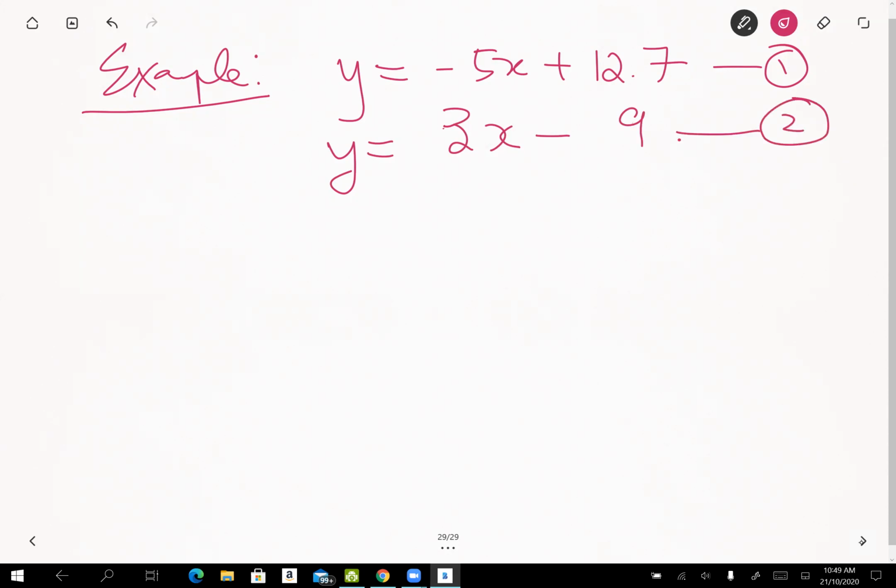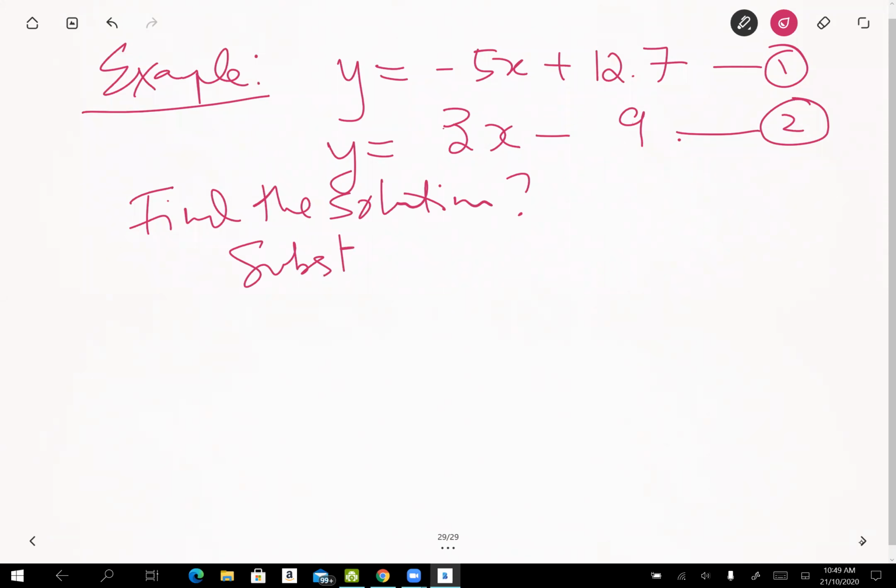So how to solve it? We substitute. Find the solution to the system. So we just substitute 1 into number 2, or 2 into 1. It doesn't matter, same thing.